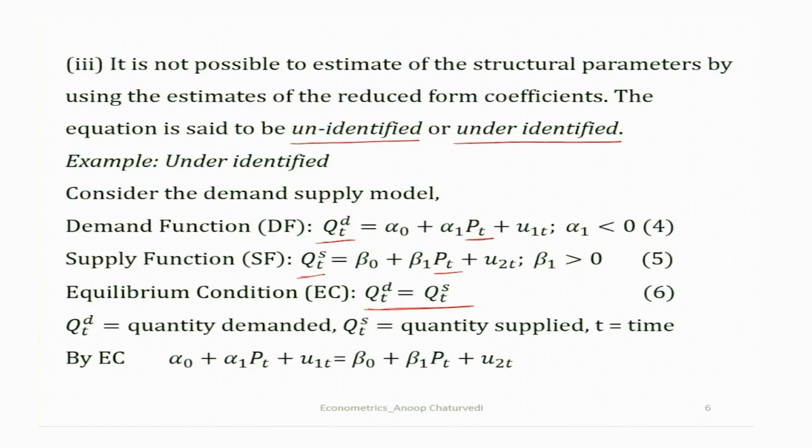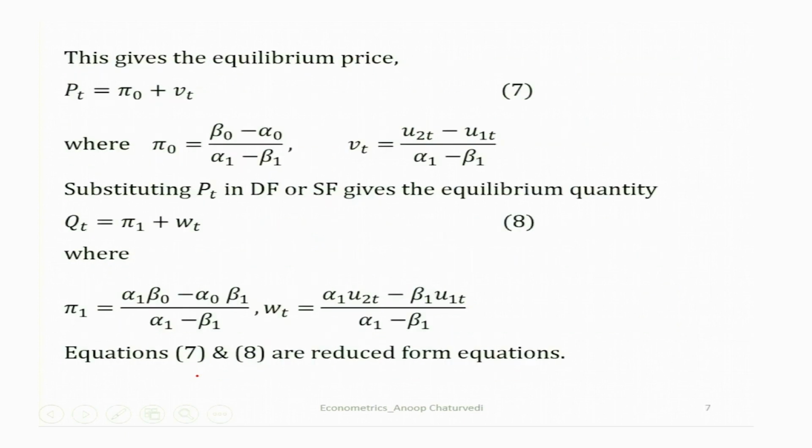Now, by equilibrium condition q t d is equal to q t s, or alpha naught plus alpha 1 p t plus u 1 t is equal to beta naught plus beta 1 p t plus u 2 t. Now, to obtain the equilibrium price we solve this equation for p t. And this gives you the equilibrium price.